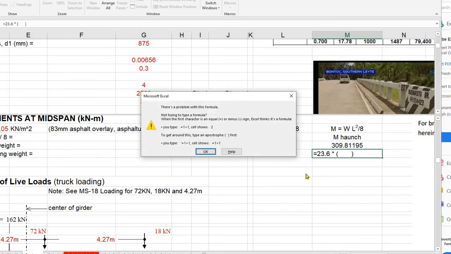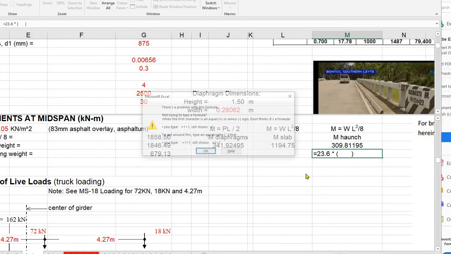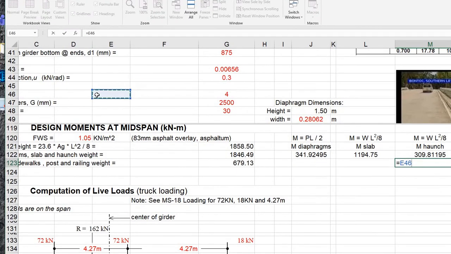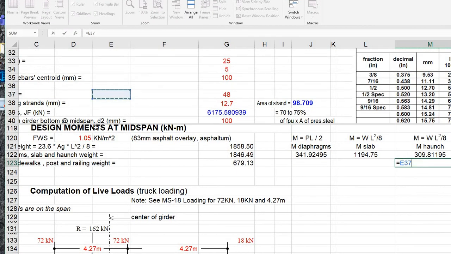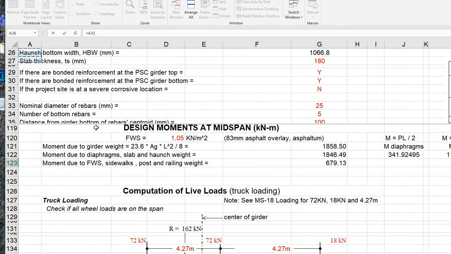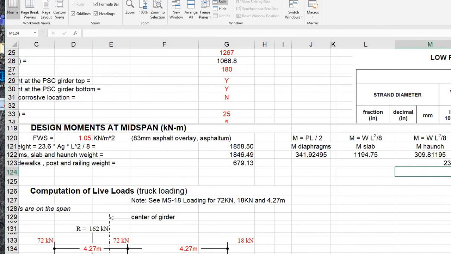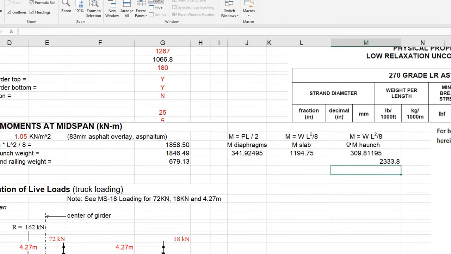Or, unahin natin yung area muna, no? So, equal sign. This is trapezoid, diba? Si haunch. So, ang ating dimension would be haunch top width plus haunch bottom width, and i-divide natin yan ng 2. Okay?